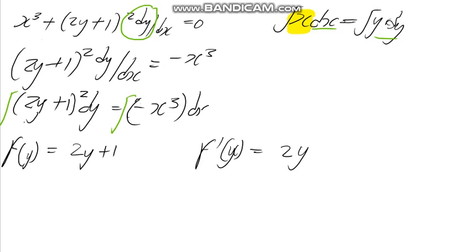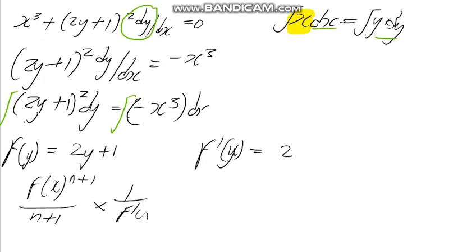Okay, then now you know that f prime of y is 2. Sorry, it's 2, not 2y. It's 2. And then you're going to go back and substitute into the formula. The answer is f of x to the power n plus 1 over n plus 1 times 1 over f prime of x. Remember, I told you from the previous video that you should always multiply by 1 over f prime of x.